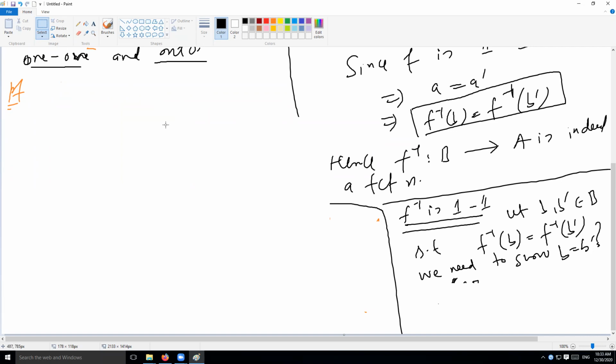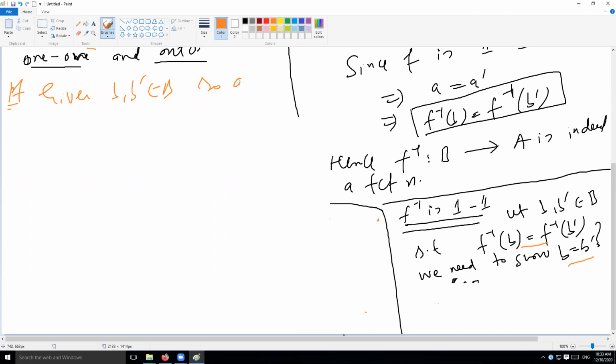So I need to show that. I have assumed this, and I have to prove that B is equal to B prime. The outputs are equal, so we have to show that the inputs must be equal. So it is given to me that B and B prime are from B.